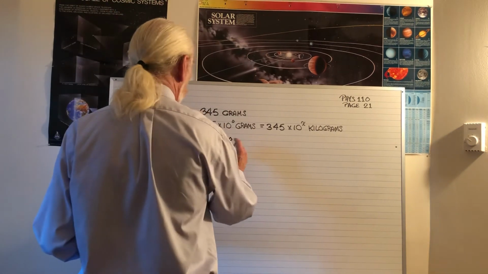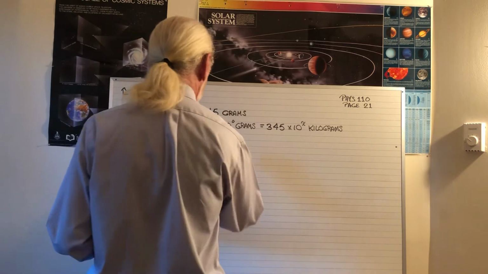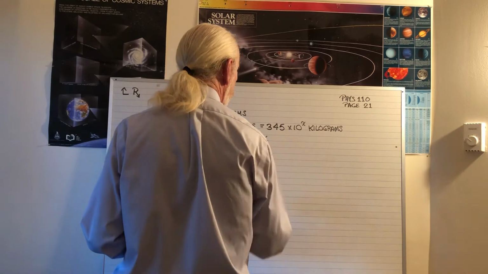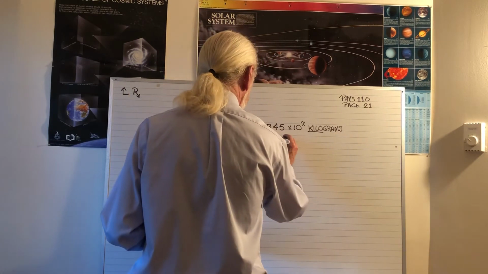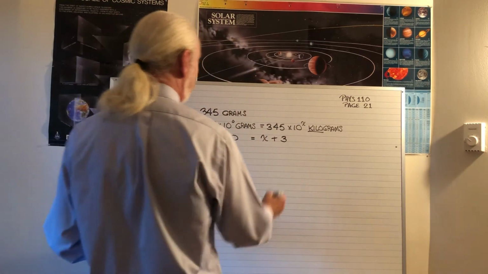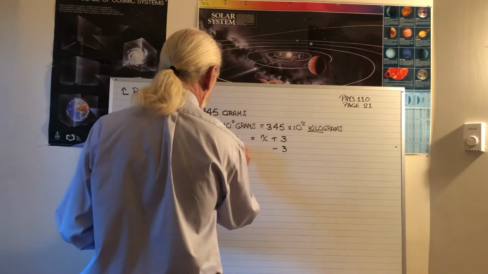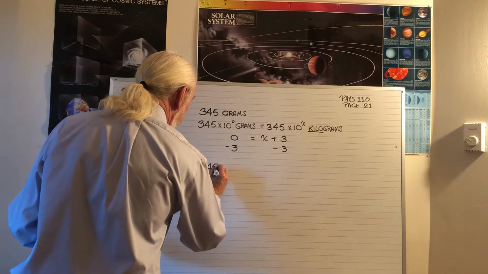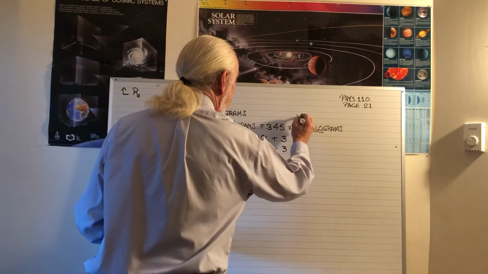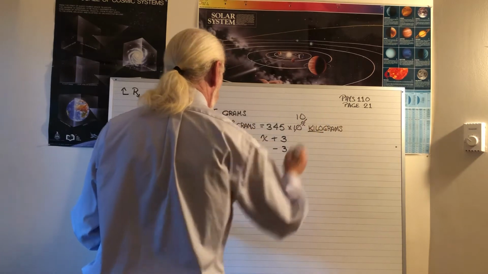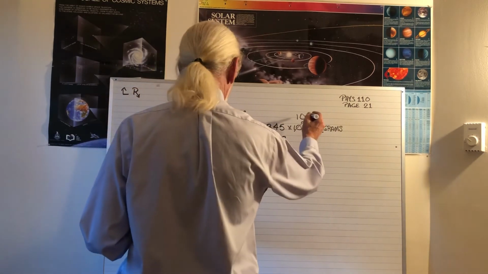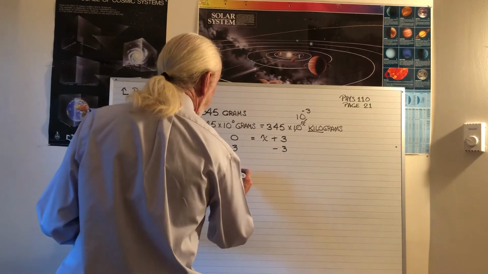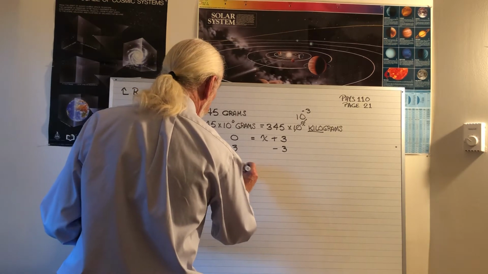I got 0, 0 equals x plus 3 minus 3. And so now I wind up with 345 times 10 to the negative 3 kilograms.